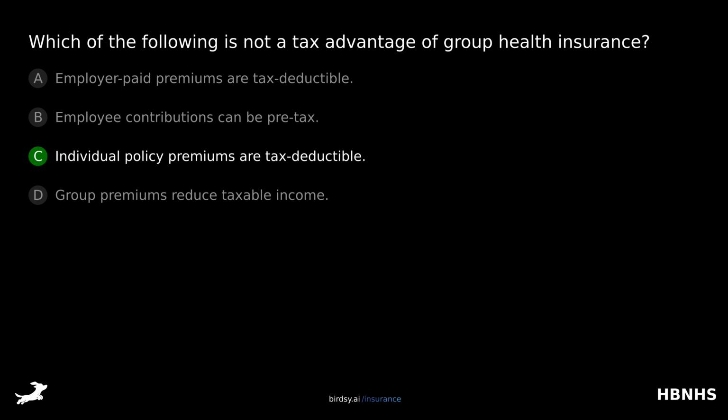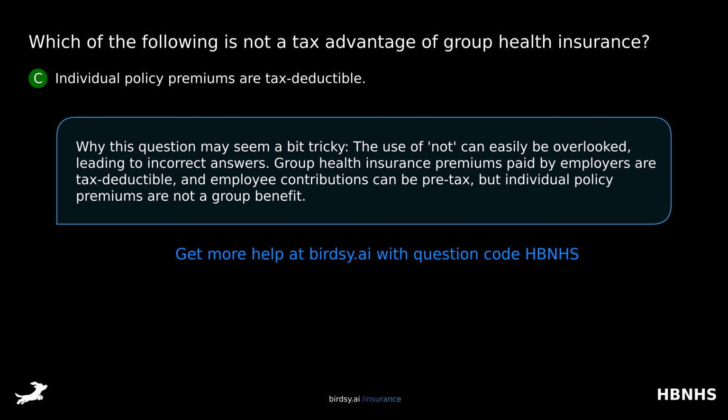The answer is C. Individual policy premiums are tax deductible. Why this question may seem a bit tricky. The use of not can easily be overlooked, leading to incorrect answers. Group health insurance premiums paid by employers are tax deductible, and employee contributions can be pre-tax, but individual policy premiums are not a group benefit.